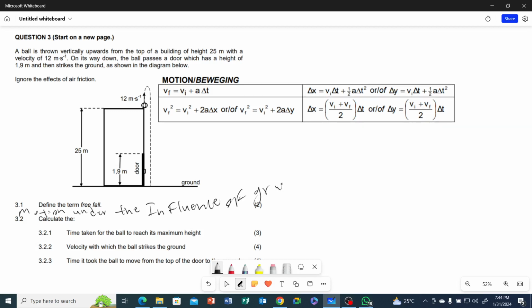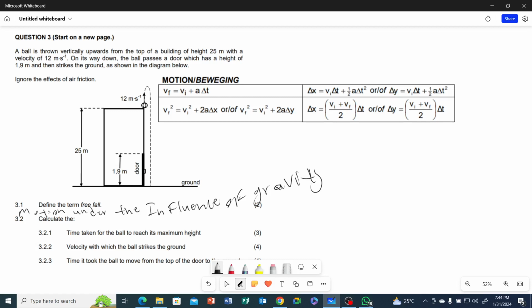Now question 3.2, it says calculate the time for the ball to reach its maximum height.